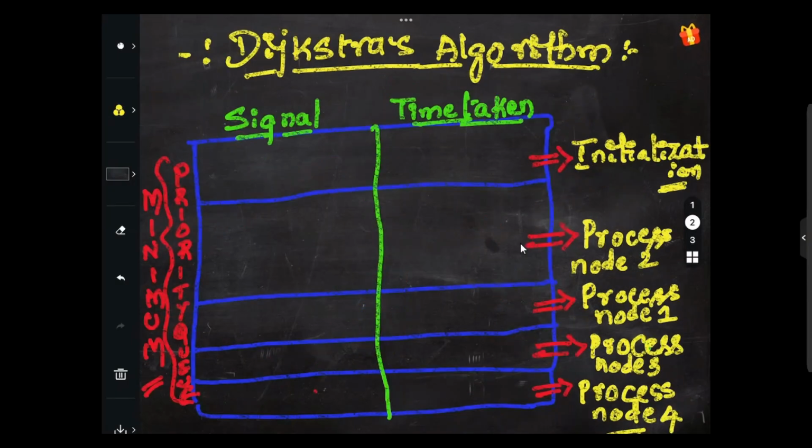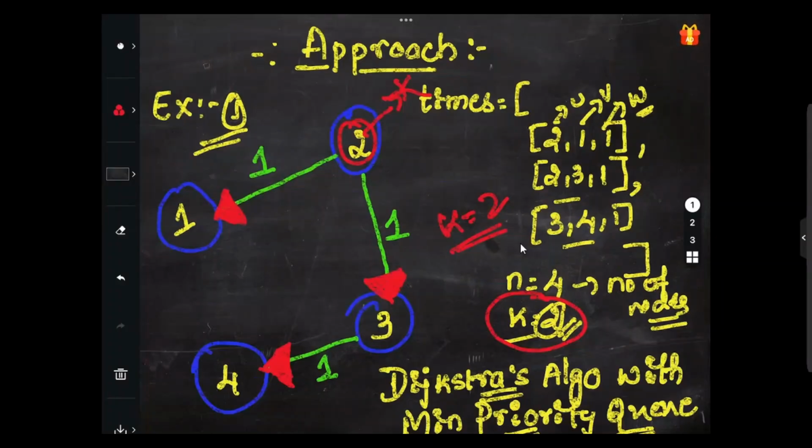So what we will do here, first step, we will be starting at node 2 with time 0. Initially time will be 0. We will add this to the priority queue. We have to start with 2, because k we have been given is 2.